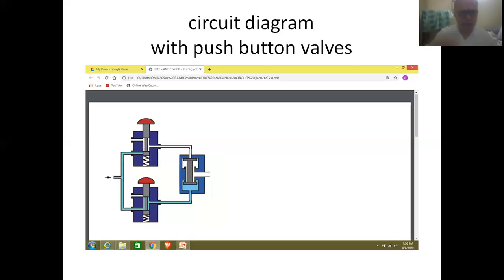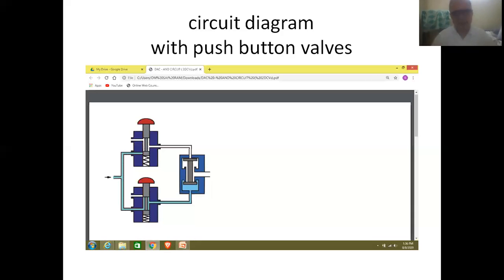And friends, in the previous case, the cylinder is arranged in horizontal position. They are referred to as horizontal cylinders. And in this circuit, the cylinder is arranged in vertical position.